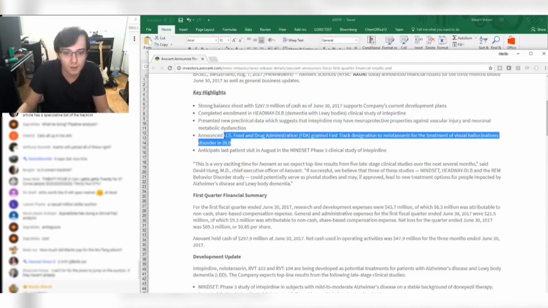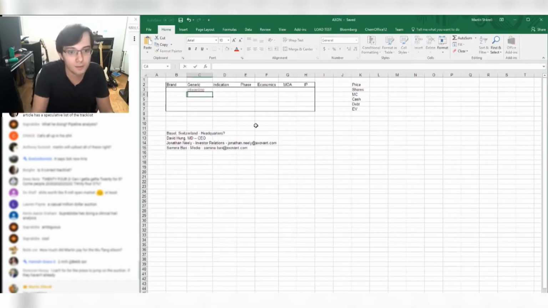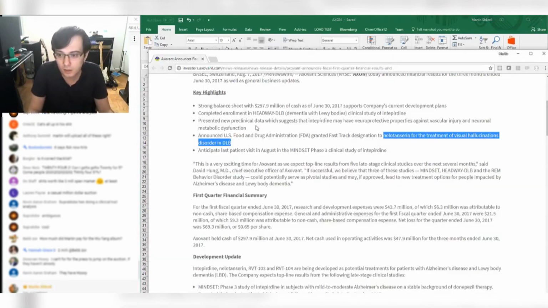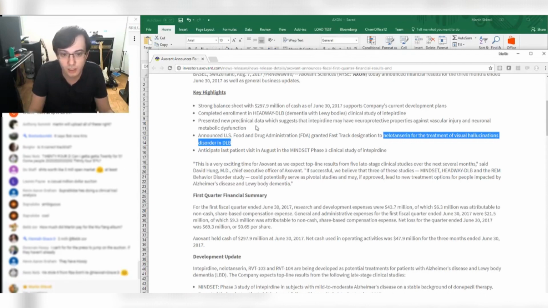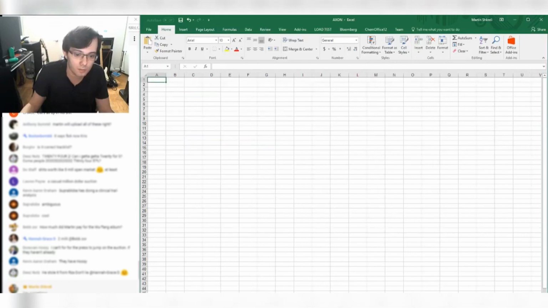Okay. Announced U.S. FDA granted fast-track designation to nilotanserin. Okay, so that sounds like a second drug, so let's write that down. Nilotanserin. And here an indication we can write Lewy body dementia. Okay, that works. Fast-track designation to nilotanserin for the treatment of visual hallucinations disorder in Lewy body dementia. So I guess they say DLB, which is dementia with Lewy bodies, but I think most people say Lewy body dementia still, although they would, I think, know better than I would.